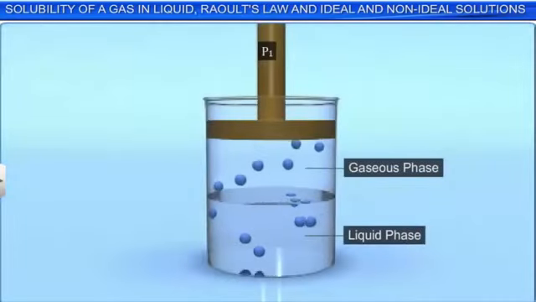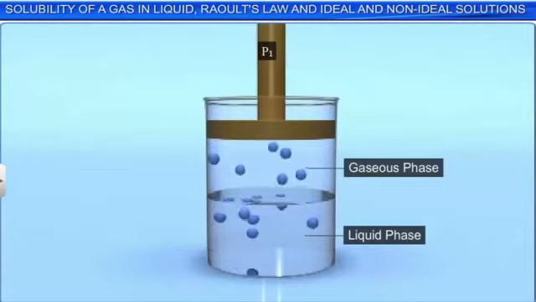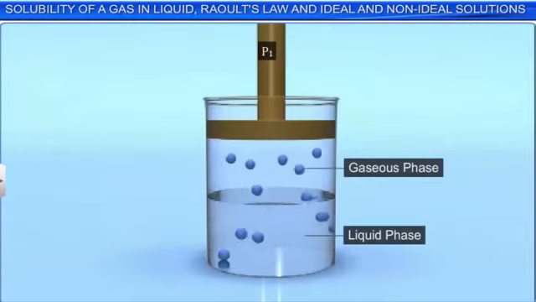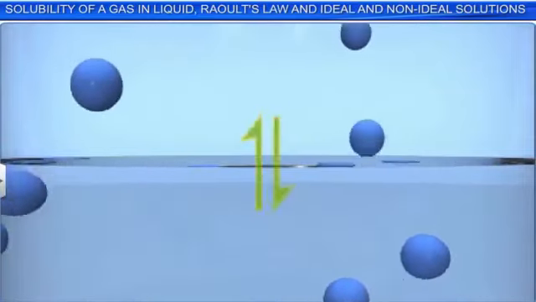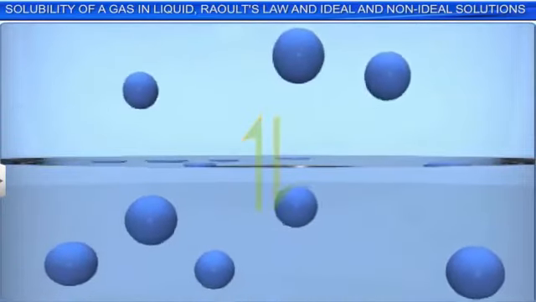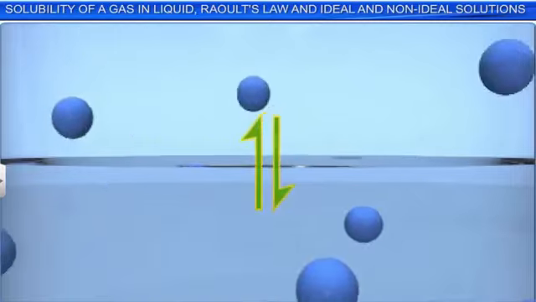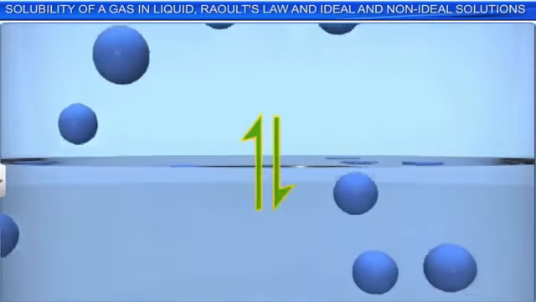The dissolution of gases in liquids is an equilibrium process. At equilibrium, the rate at which the gaseous solute molecules escape the solution equals the rate at which the molecules re-enter the solution.